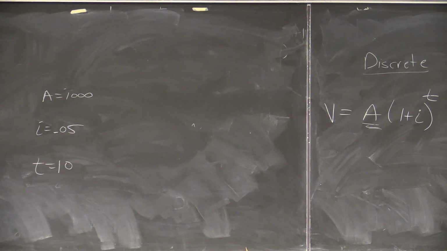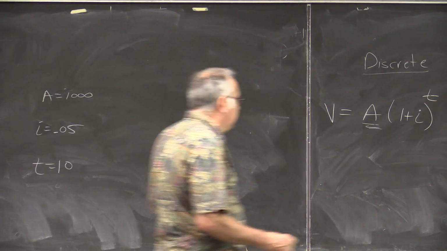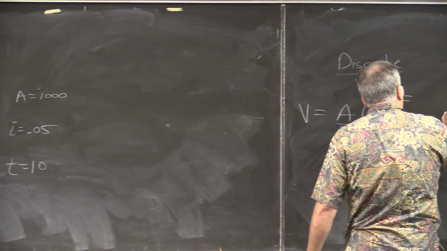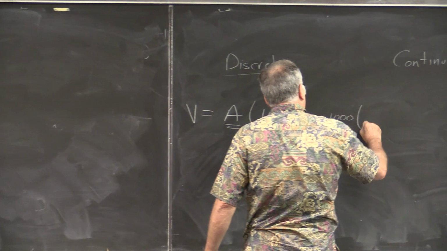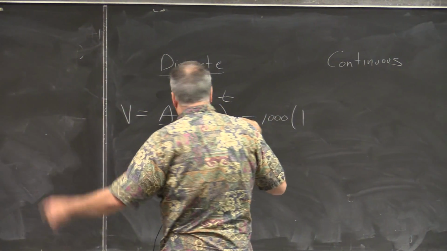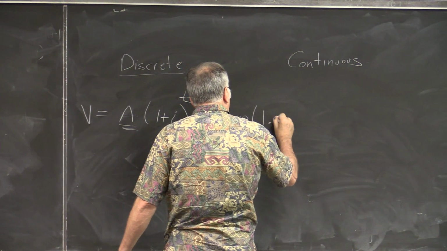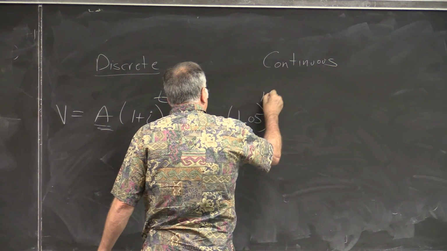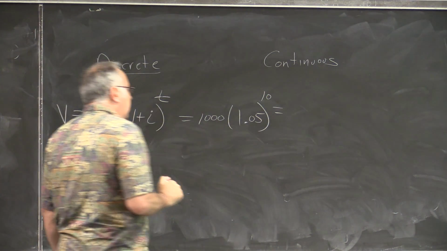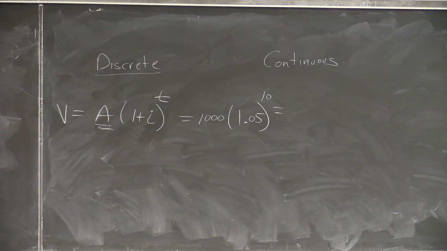What is the value of V? Well, the formula would just be this. And you can help me out with 1,000 times 1.05 raised to the 10th power. So what do you get when you just calculate 1.05 to the 10th power? Then move the decimal place over 3 places, since you're multiplying by exactly 1,000. So what do you get?